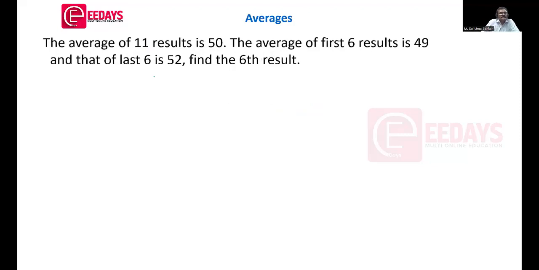Next one. The average of 11 results is 50. If the average of the first 6 results is 49 and that of the last 6 is 52, the sixth result is? See, the average of 11 results is 50. What is the total? That is equal to 550.